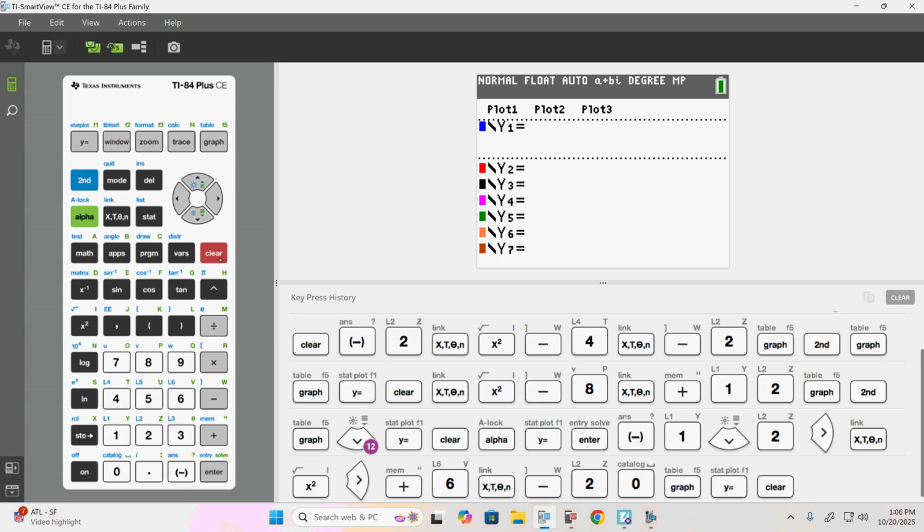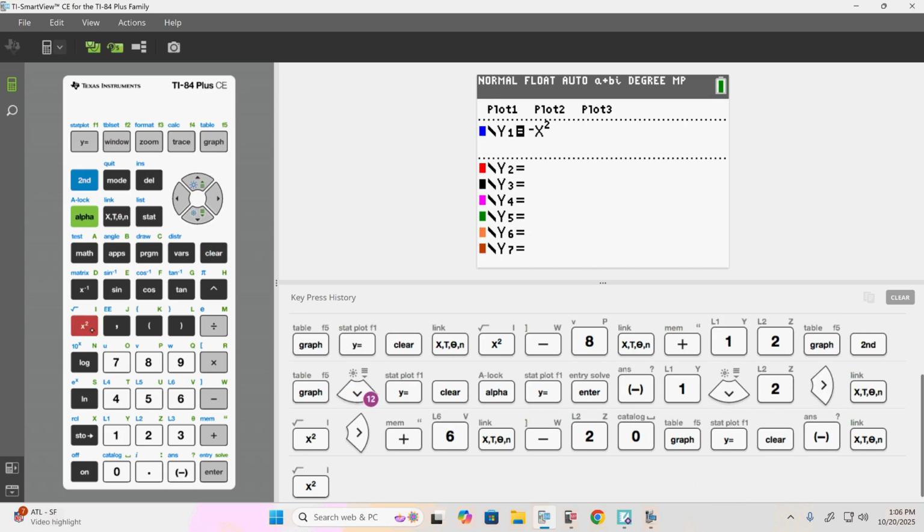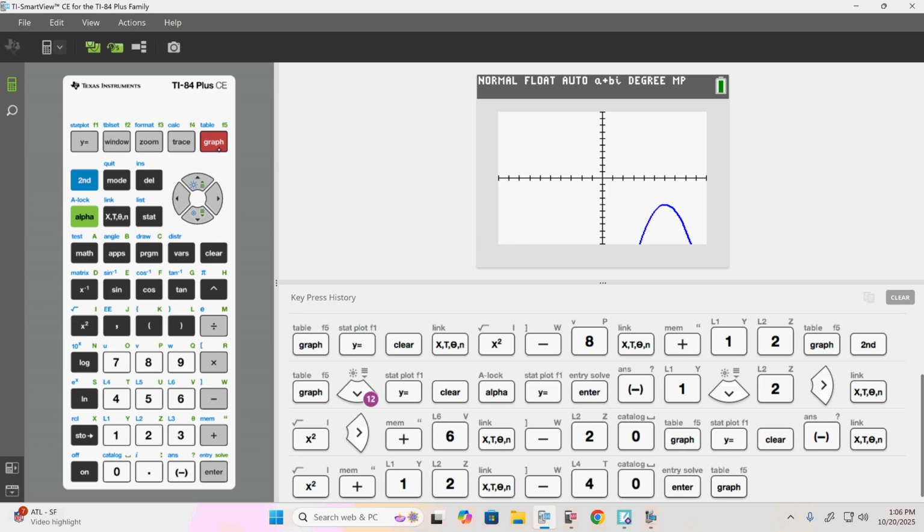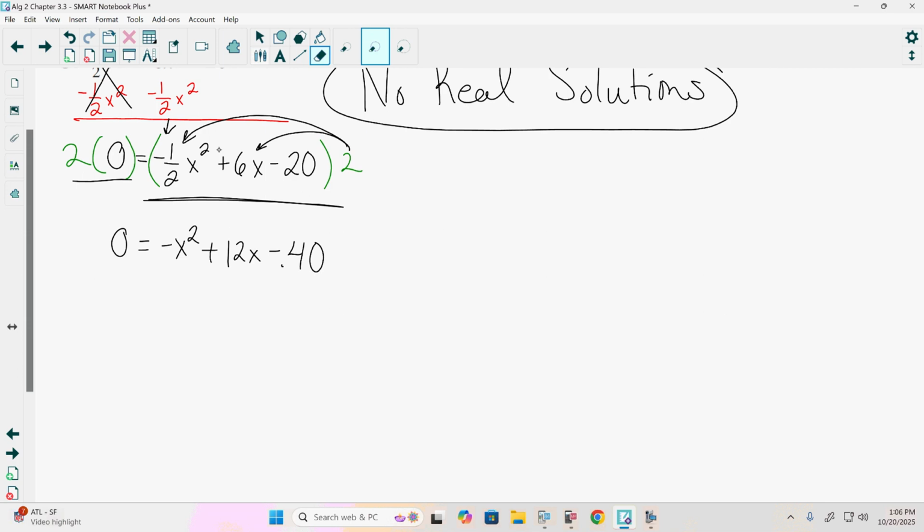Same equation: negative x squared plus 12x minus 40. Still, it does not cross the x-axis. So again, this has no real solutions.